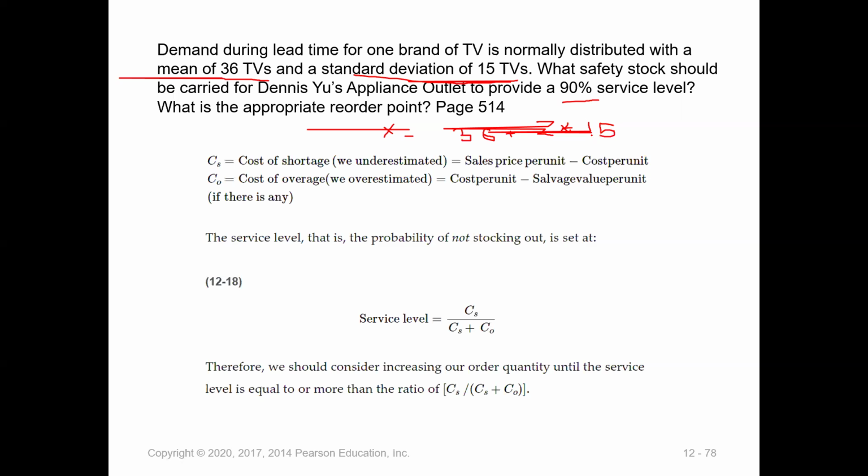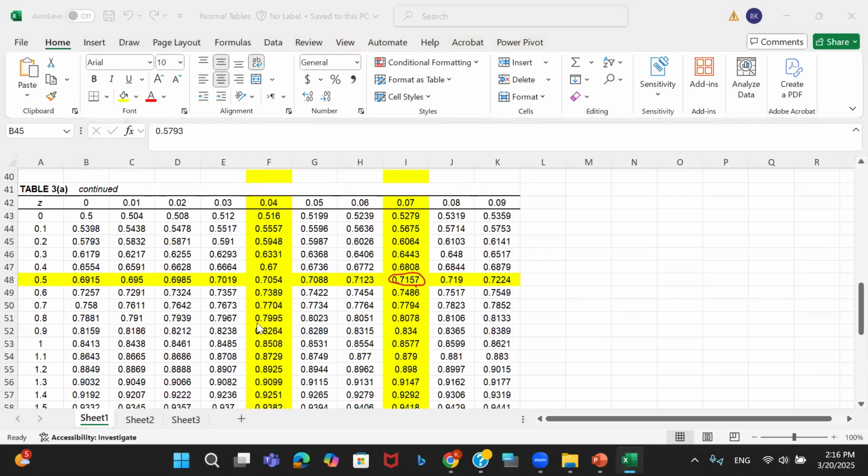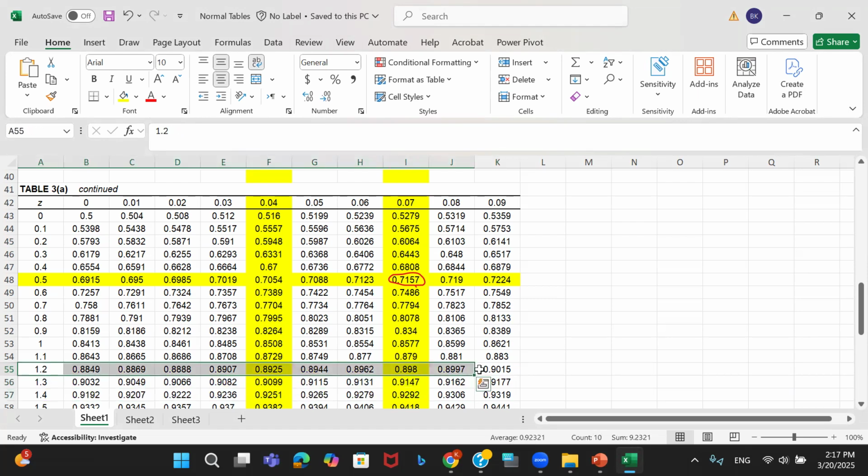How do we find Z in this case? We are given 90%. So the same thing, I go to the table and find the Z for 90%. It's 1.285.